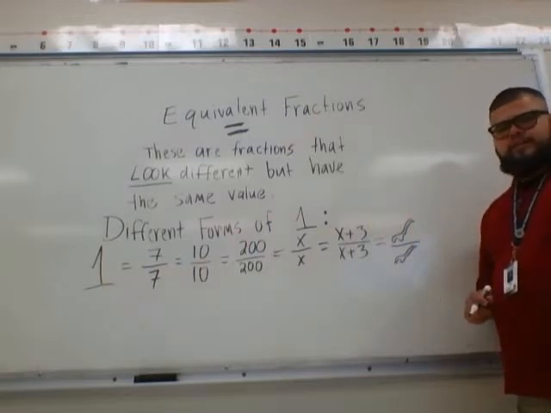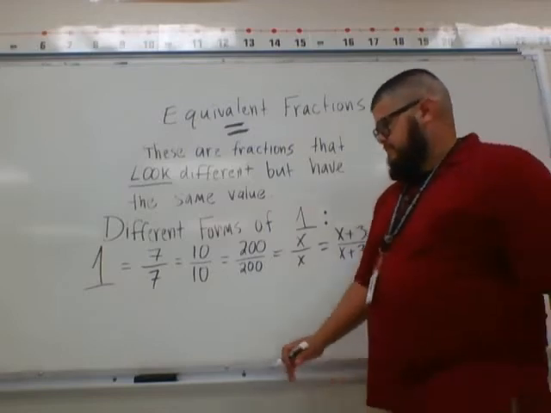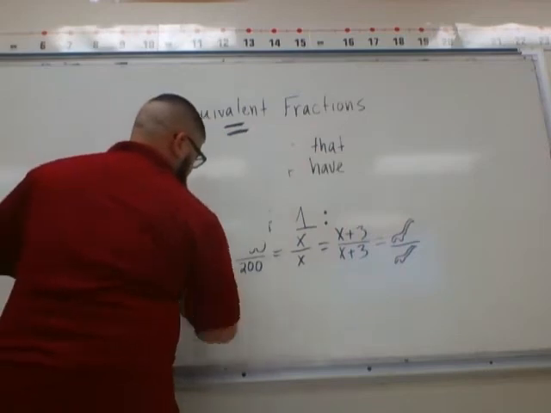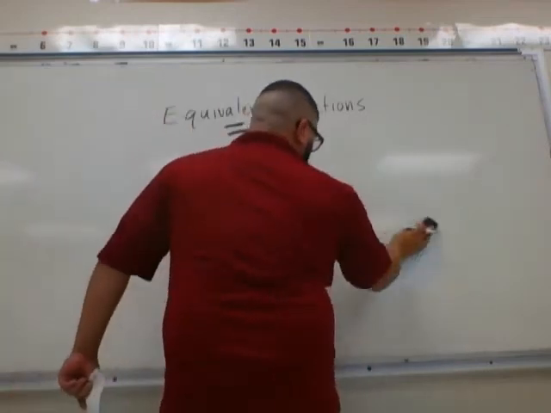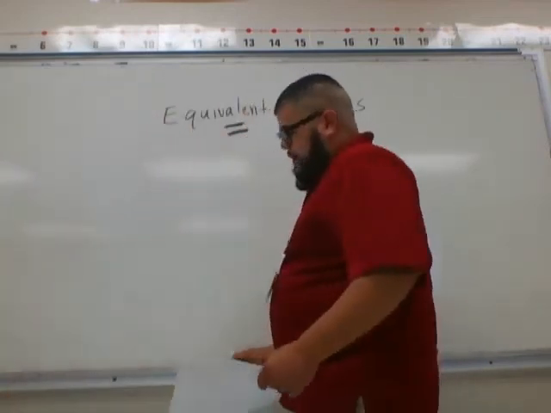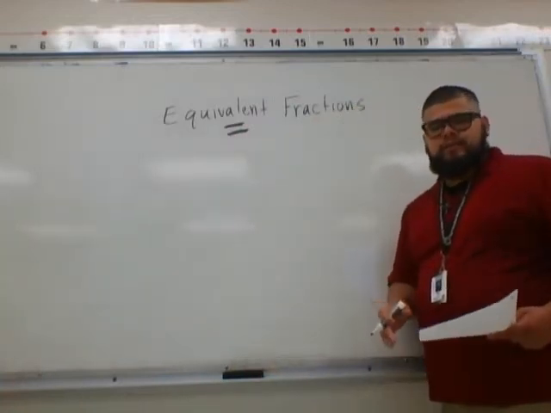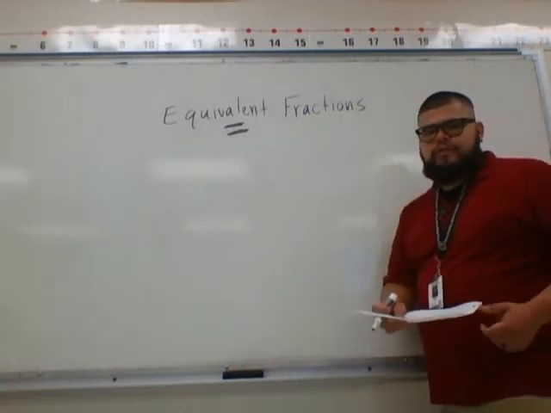Alright, let's go ahead and get into some examples. And so remember, our definition is that equivalent fractions are fractions that have the same value but look different, or look different, have the same value, however you want to say it, okay?